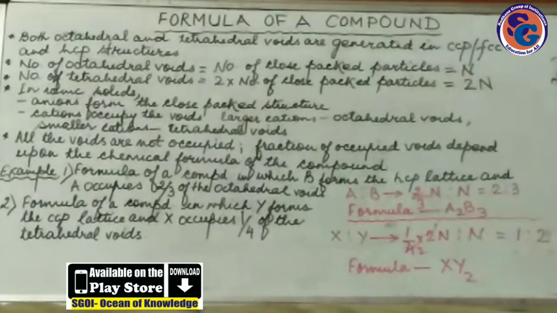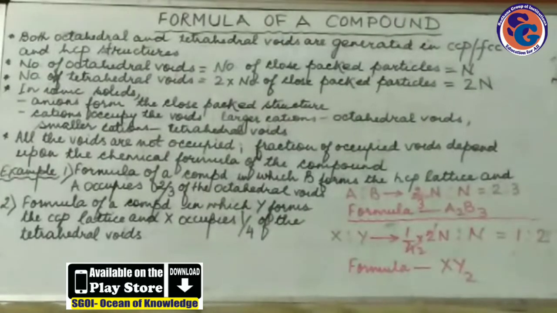We move to the second example, in which we have to generate the formula of a compound which comprises of 2 elements, X and Y. The element Y forms the CCP lattice, and the element X occupies only 1/4 of the tetrahedral voids. So, in order to generate the chemical formula of this compound, we write X is to Y is equal to 1/4 into 2n is to n.